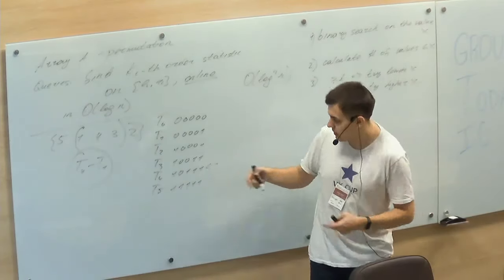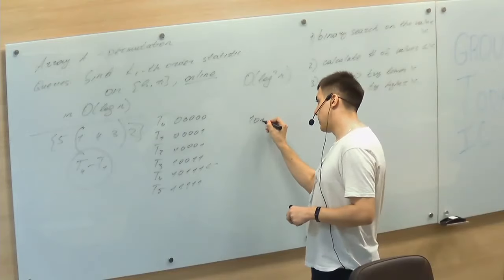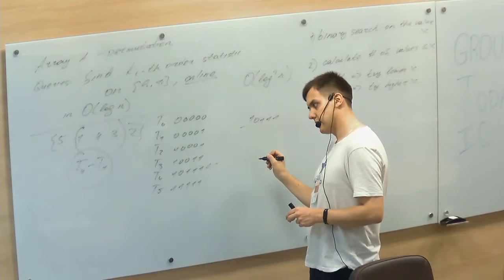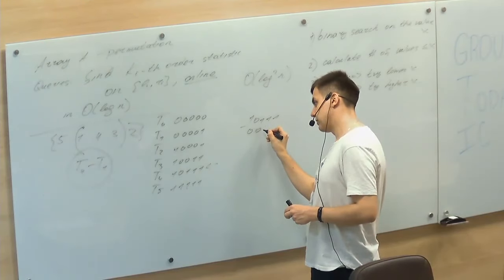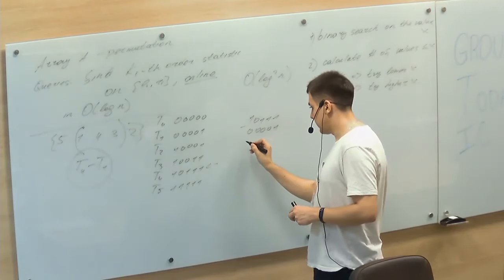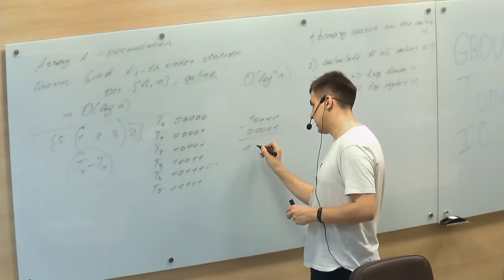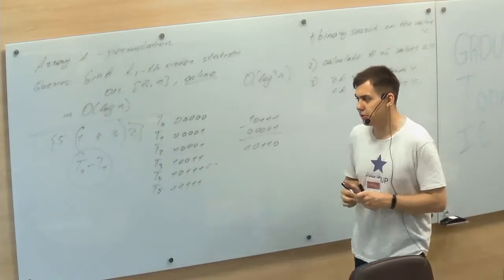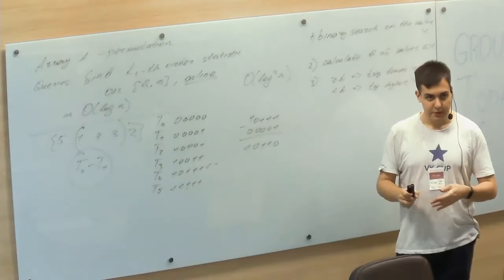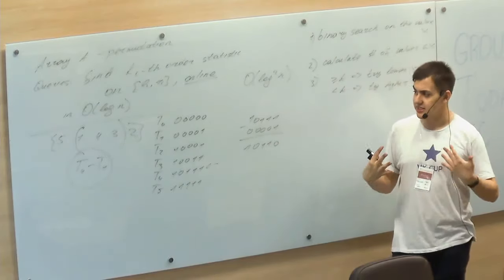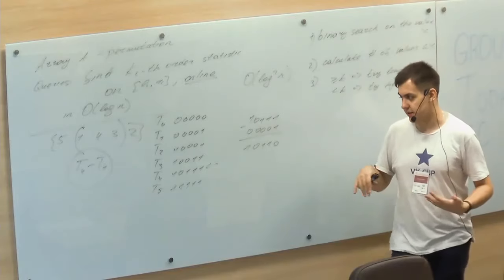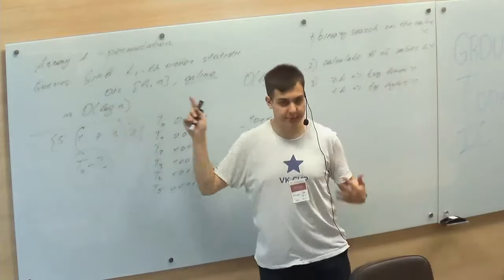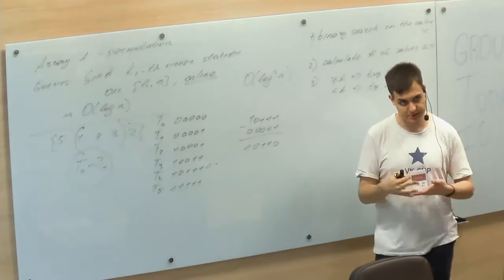Right? So 1, 0, 1, 1, 1 minus 0, 0, 0, 0, 1 is just 1, 0, 1, 1. So basically this gives us a set of values that appear on that segment. So we have 1, 3, and 4, and we only care about those values.